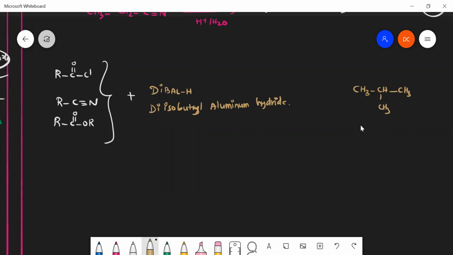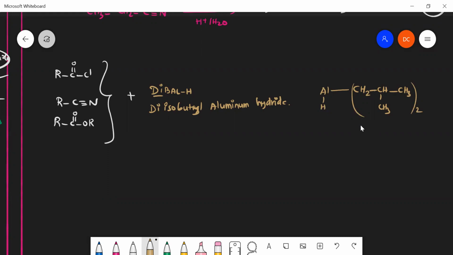Am I right? So the diisobutyl aluminum hydride looks like this. We have aluminum and one hydrogen, and the other groups are attached as isobutyl. Since it is diisobutyl, we put it twice. This is the structure of diisobutyl aluminum hydride.